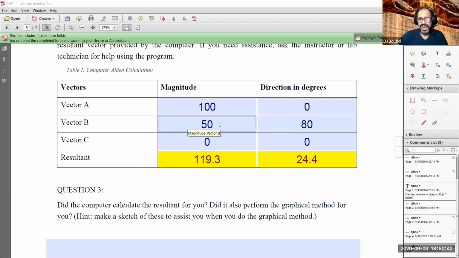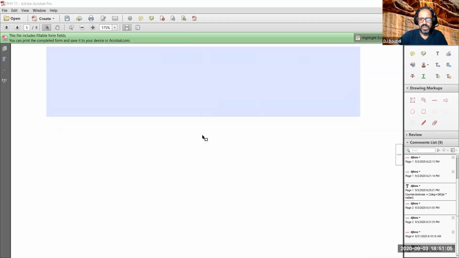I have 50 grams sitting at 80 degrees. So in here you have the magnitude, and here you have the direction. I don't have a third vector, that's why it's 0, 0 in this case, vector C. The resultant, according to my measurements with the ruler, came to 120. According to my protractor, the direction came to about 25 degrees. So I go to this table.